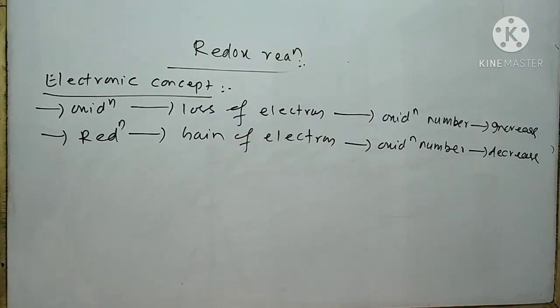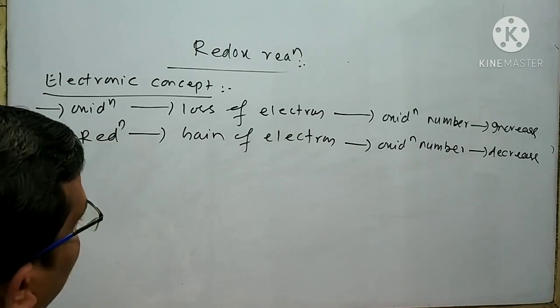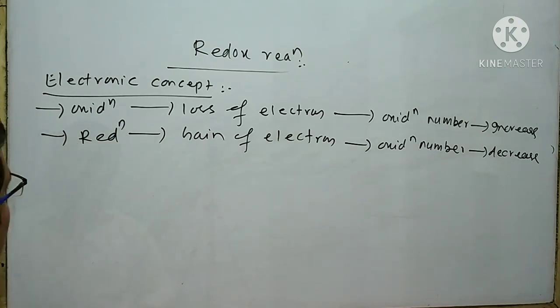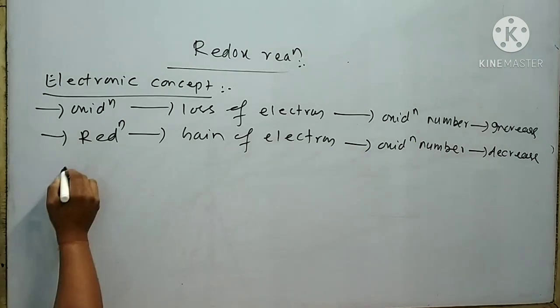Finally, we conclude that in oxidation reaction, loss of electrons takes place. In reduction reaction, gain of electrons takes place. Similarly, in oxidation reaction, the oxidation number increases, while in reduction reaction, the oxidation number decreases.